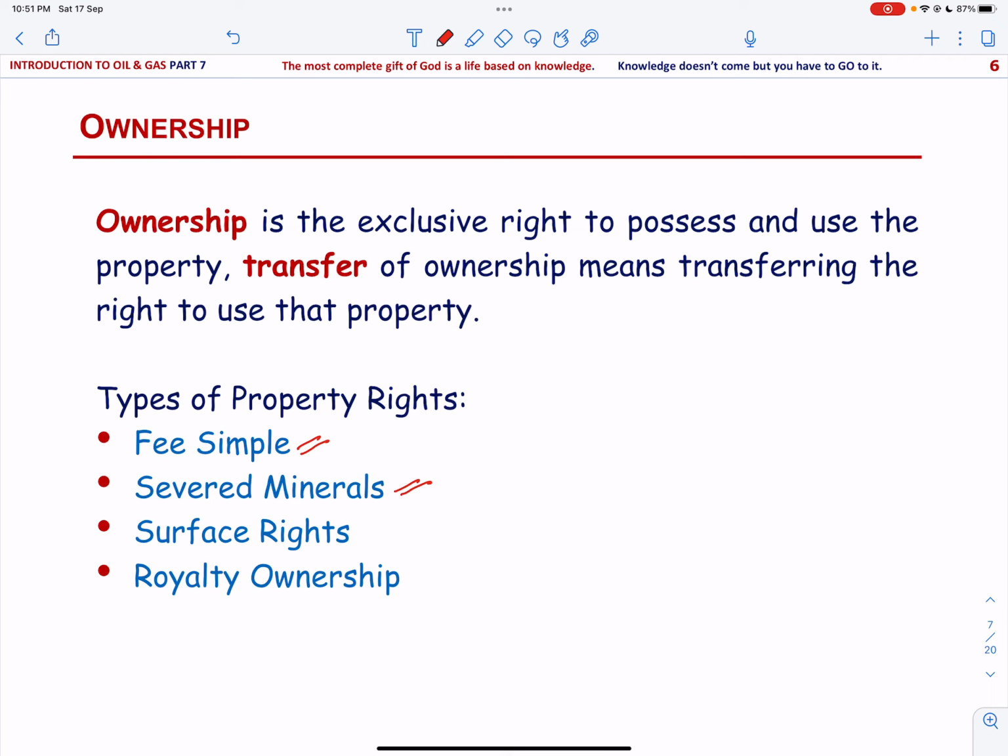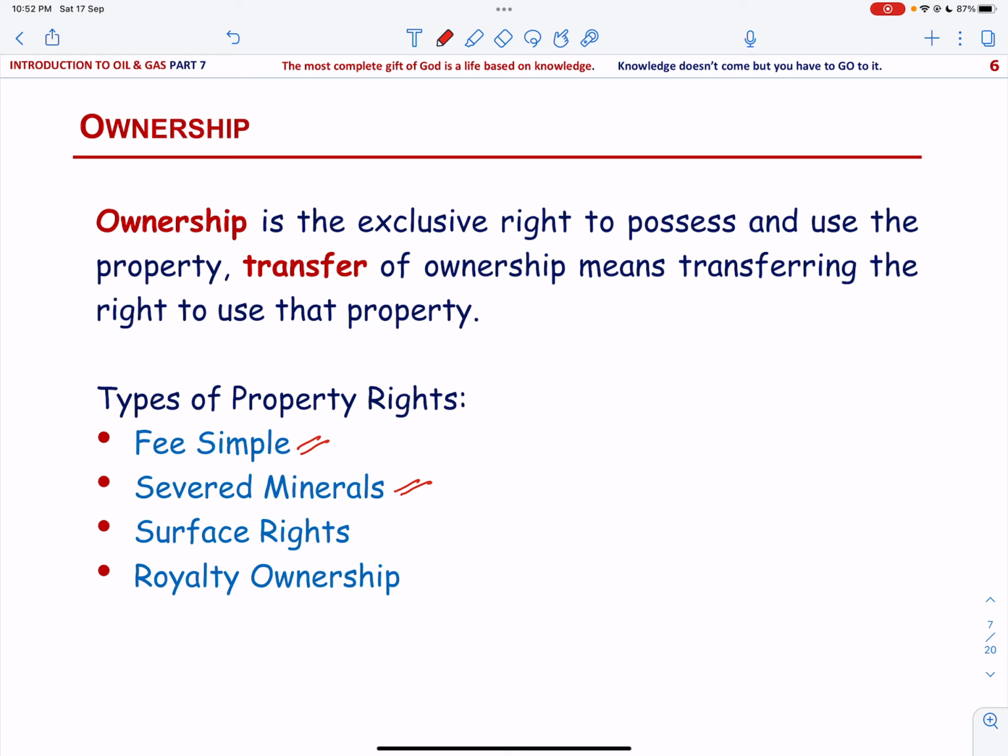When the fee simple owner keeps the mineral rights but sells the surface land, that's when the mineral rights are severed or split from the surface rights, and the person who owns the mineral interest is called the mineral owner.